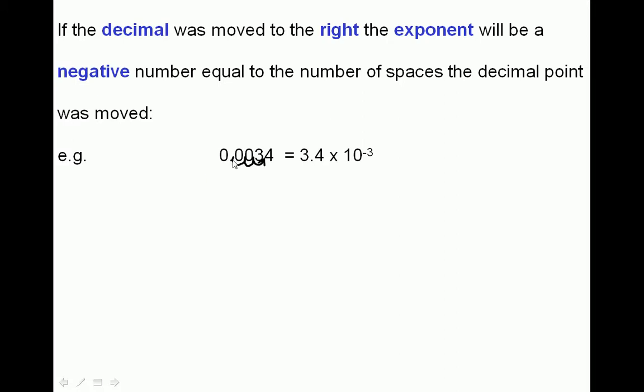So here I have the number 0.0034, and I need to move the decimal place 1, 2, 3 spaces to the right. Okay, and so then my coefficient will be 3.4, and because I moved the decimal point to the right, my exponent will be a negative number, and I moved it 3 spaces, so that becomes -3.